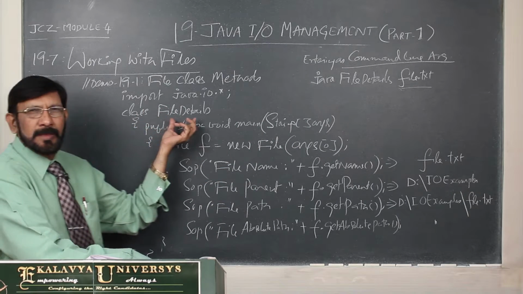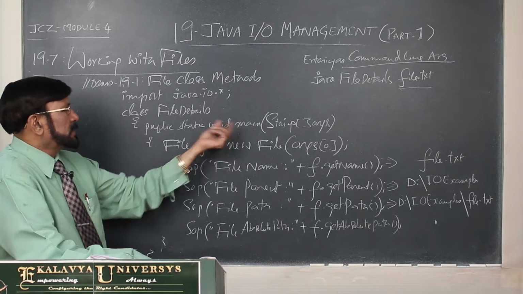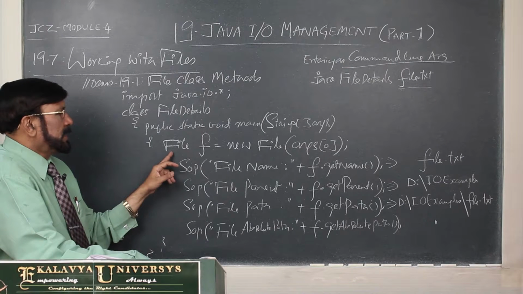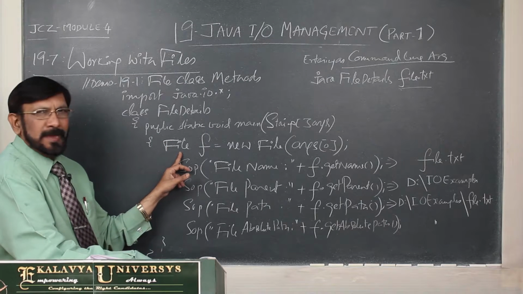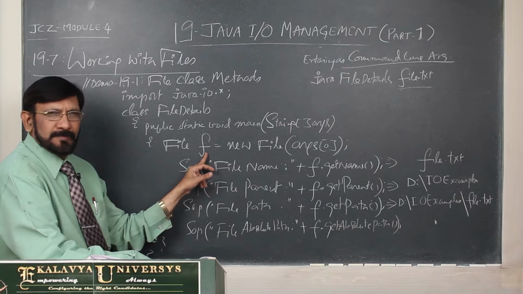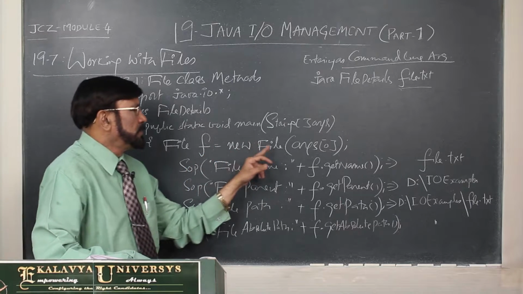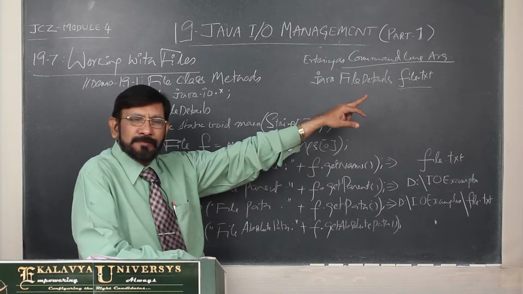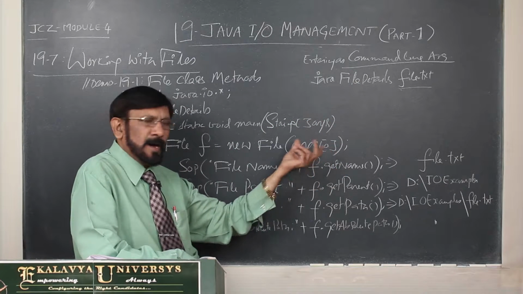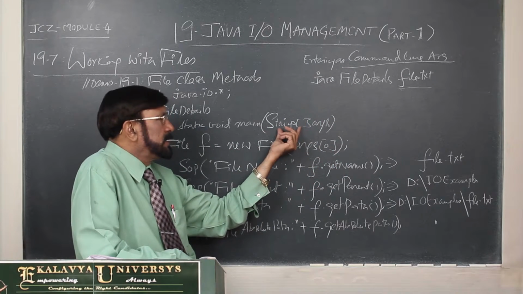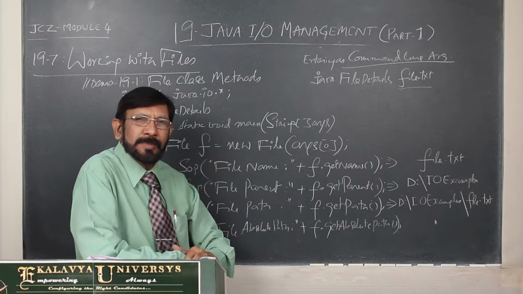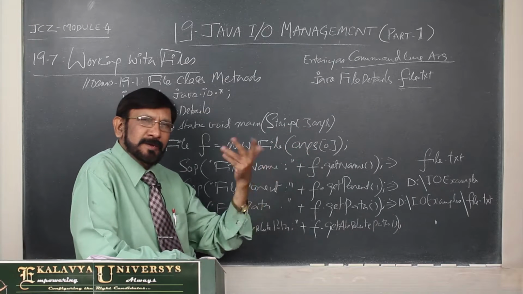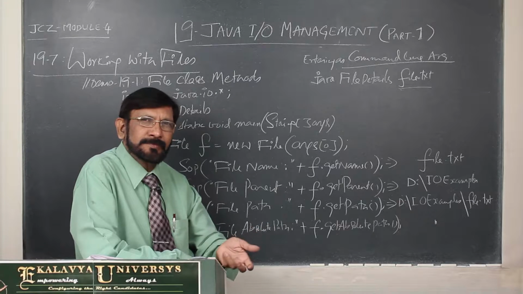Now we see FileDetails, thereafter I have written main, thereafter we see File class, f object reference, new File(args[0]). Now the file name is stored in args[0], which is a String. As it is a string, there is no question of parsing.